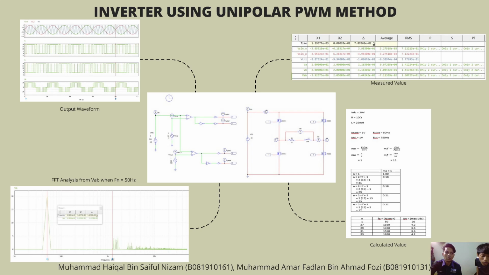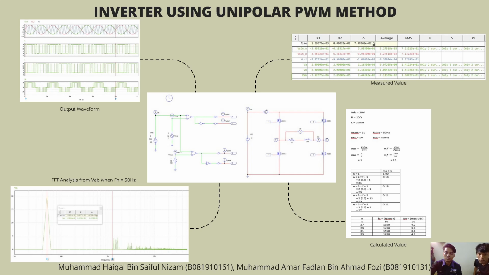Next is the output voltage of the circuit. The output voltage of the circuit is VO, equal to VAB, which is VA minus VB. And the last one is the output current of the circuit.